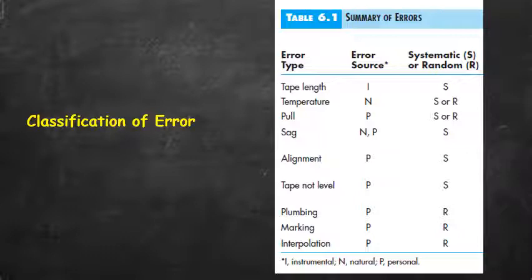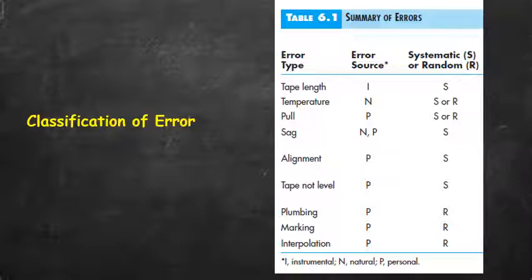Next is alignment, which is personal. If the tape is not aligned, a large error due to slope accumulates, and that is systematic. Tape not level is personal, plumbing is personal, marking the tape is personal, interpolation is personal. So more or less, it depends on the surveyor, right?